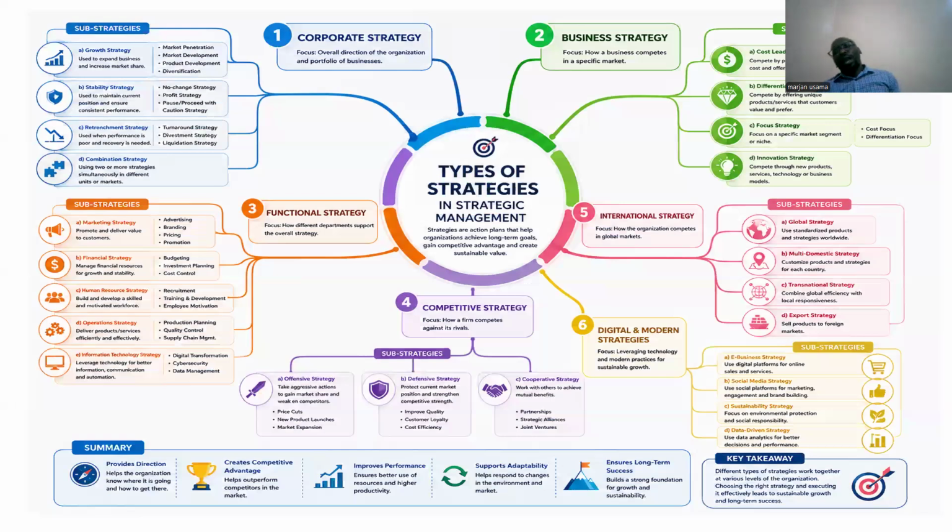Now, on to the next part of our lesson. And this part we'll just highlight because there is a lesson for this. Because we were just talking about strategies, so I will just give you the highlights.